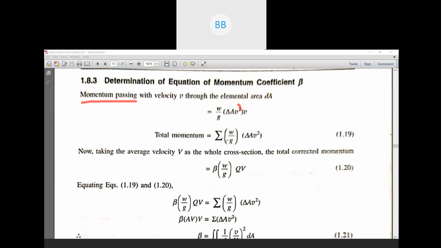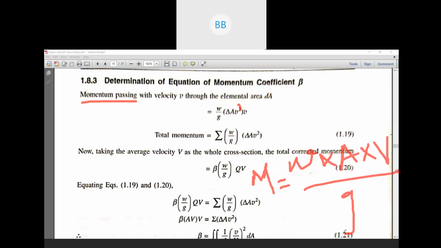Again it is mass into velocity. If we consider the whole cross sectional area, mass will be specific weight multiplied by total cross sectional area multiplied by capital V, divided by acceleration due to gravity.